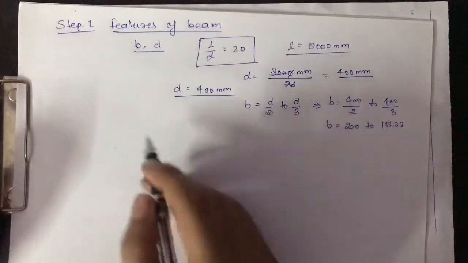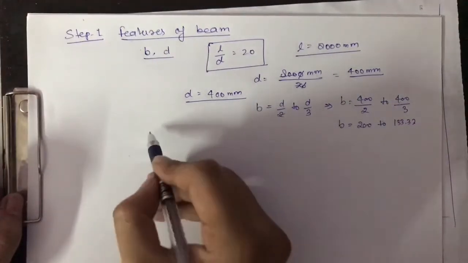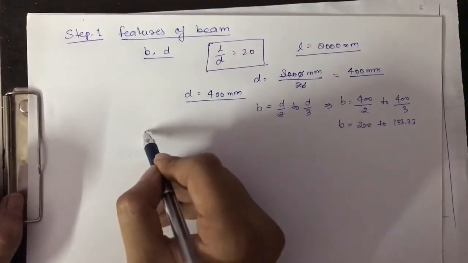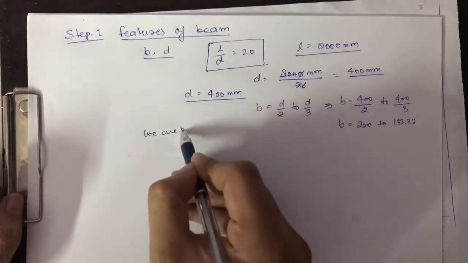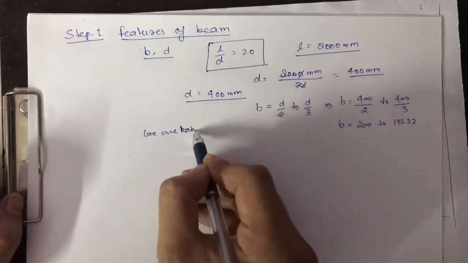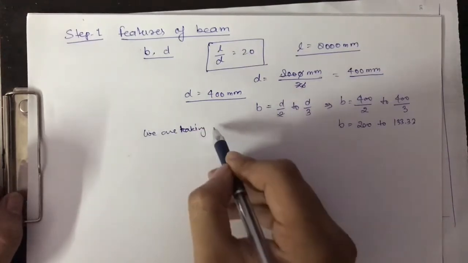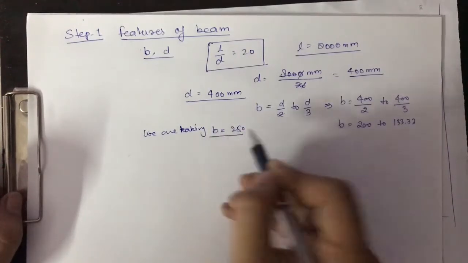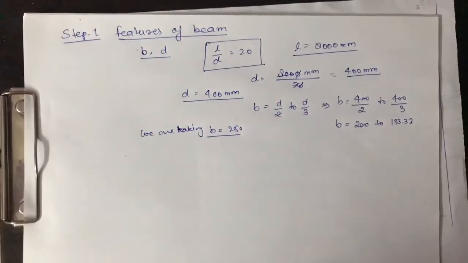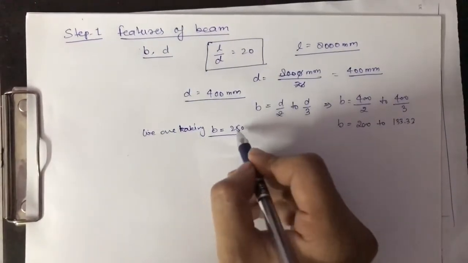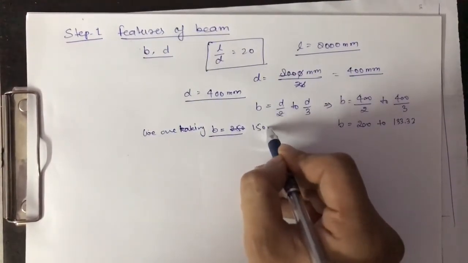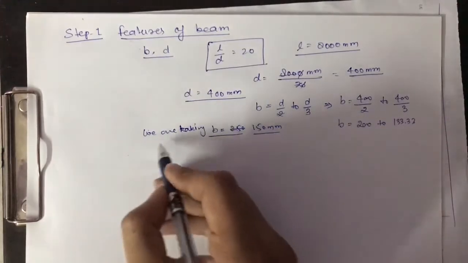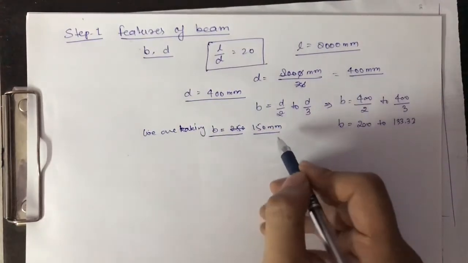So let's take the intermediate value. So we are taking B as, sorry, 150 mm. So it is our assumed width.